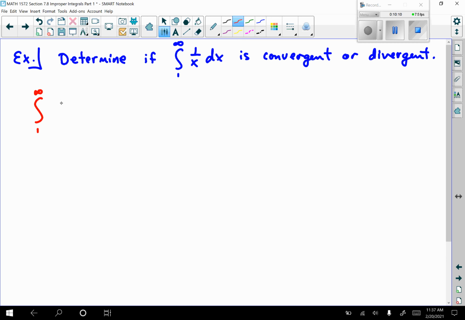All right, so we have an example like that, part A from the previous page. When our upper boundary of integration is infinity, we're going to rewrite this as the limit as b approaches infinity of the integral from 1 to b of 1 over x dx.